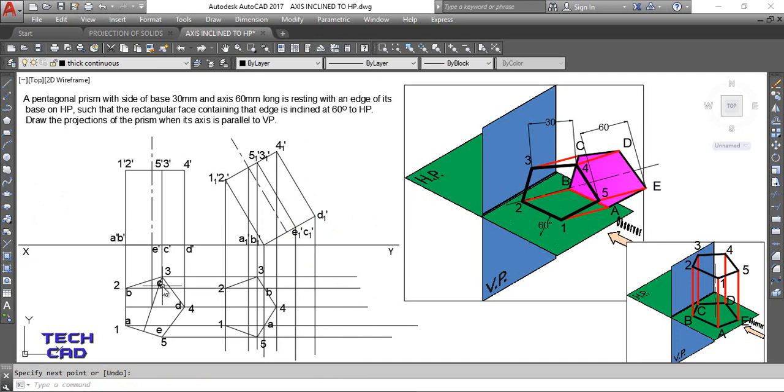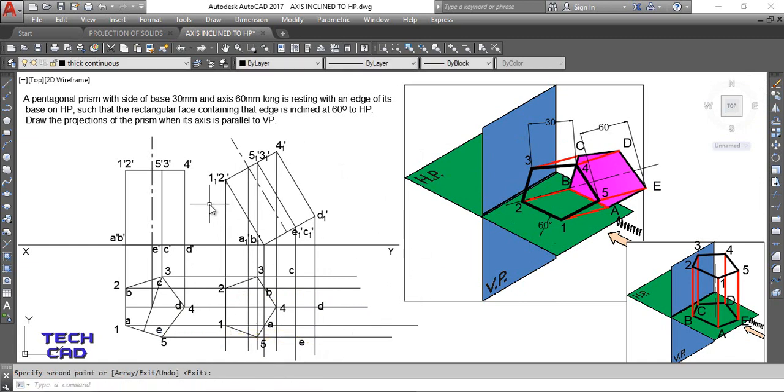Okay, now select C, make a copy and put it over here, so you know that this should be C. Again copy your D and put it over here. Again E, make a copy and put it over here.